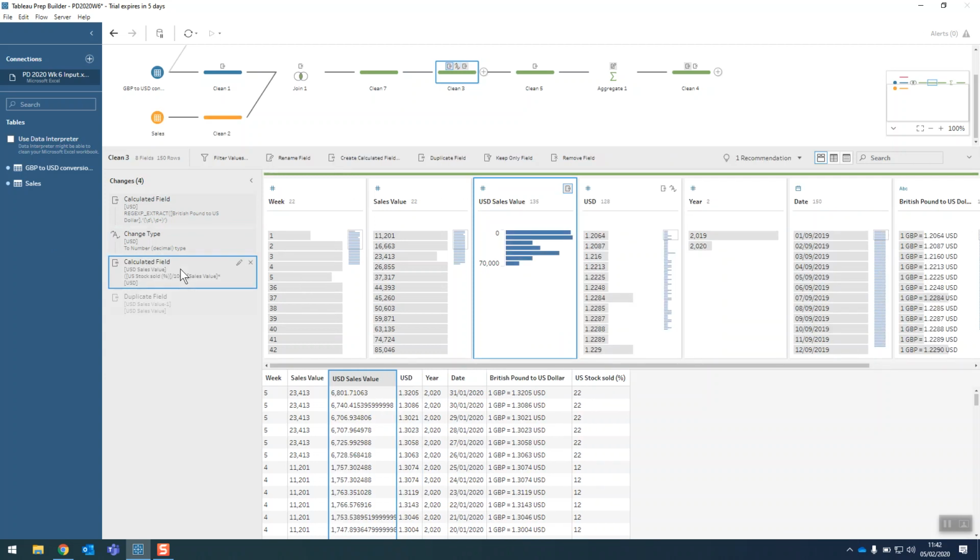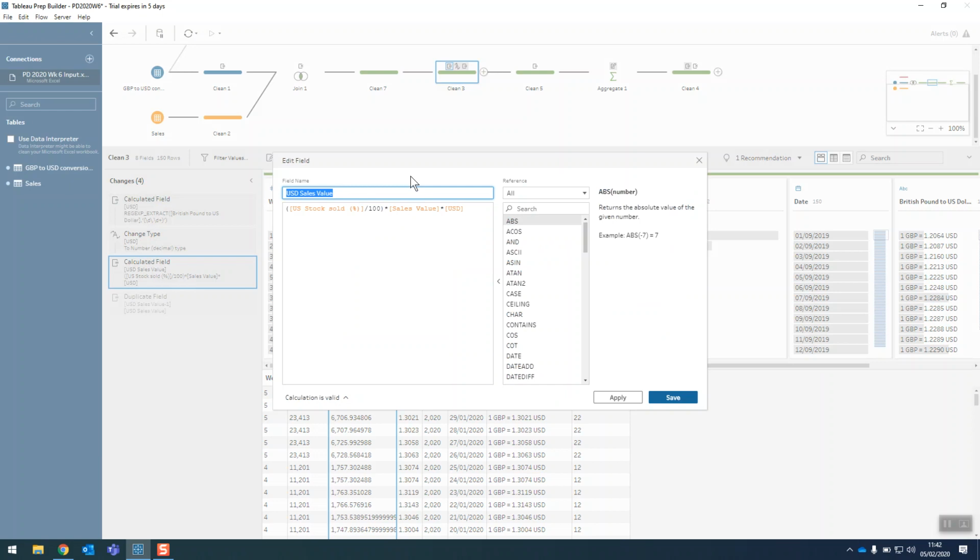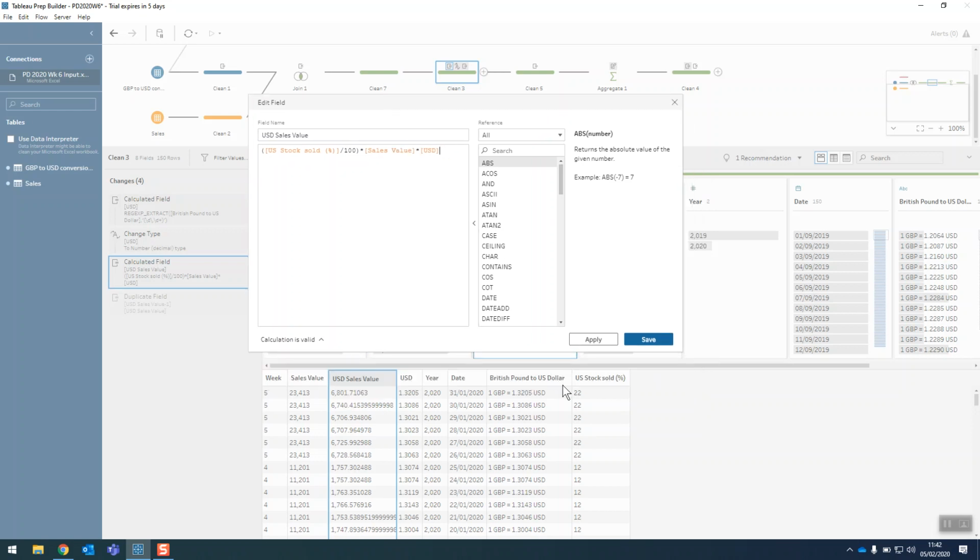And then we're going to want to work out that percentage of sales that are from the US and times that by the conversion rate. So because our percentage at the moment is as a number rather than as a decimal, we just need to divide that by 100 to make it a percentage and do the right calculation there, but fairly simple maths there.